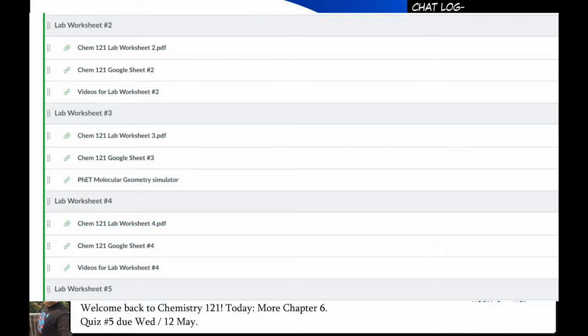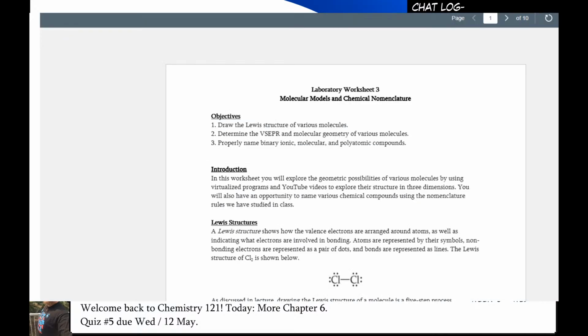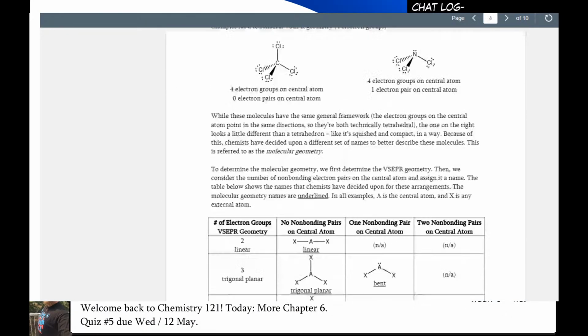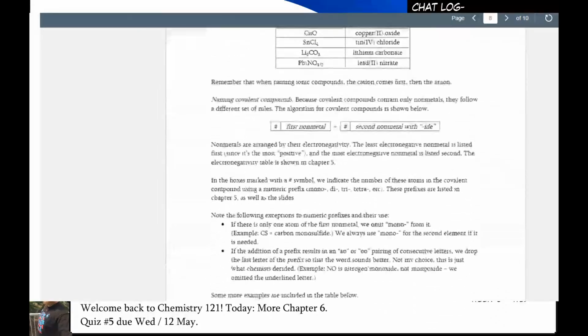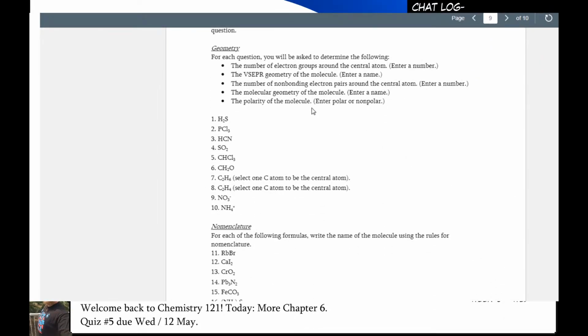But really, all the worksheet is just draw the Lewis structure of all these things. And then for each of these things, list the following. List the number of electron groups around the center atom. List the VSEPR geometry. List the number of non-bonding electron pairs, and then the molecular geometry. And then is the molecule polar or not?